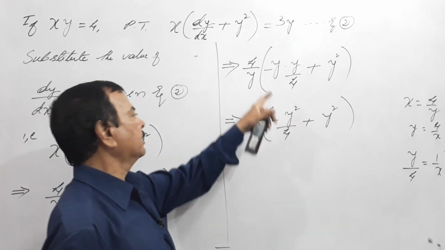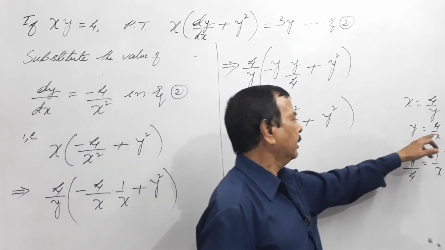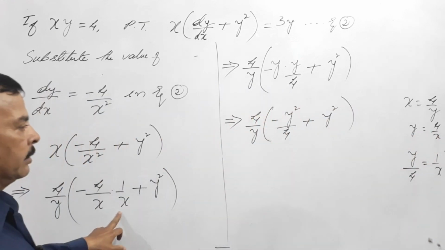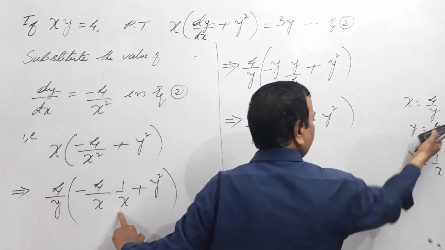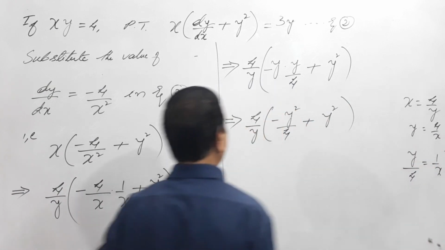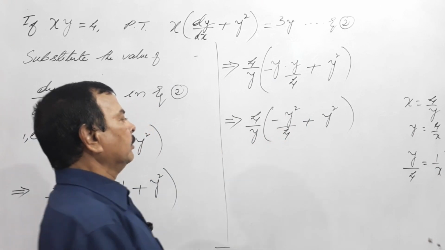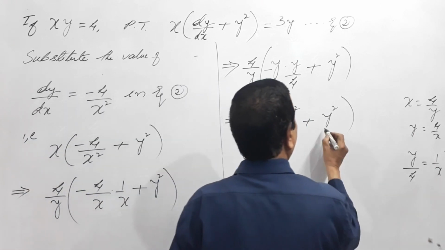Follow this, y by 4, y equals 4 by x. So here we are left with 1 by x. If you want 1 by x, by cross multiplying, y by 4 equals 1 by x. So this becomes y by 4. So take LCM now.